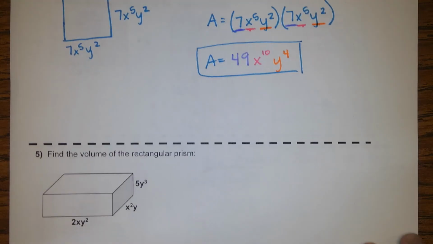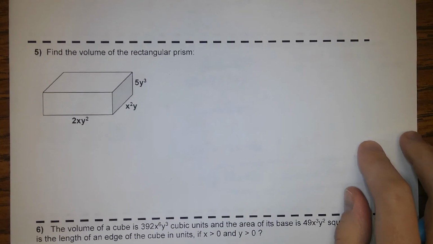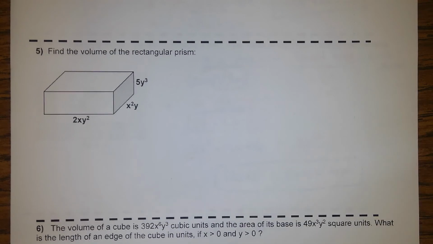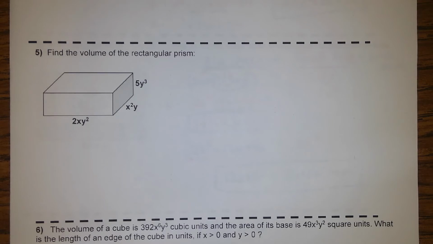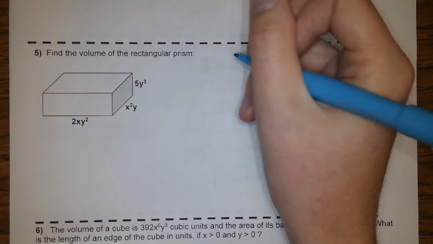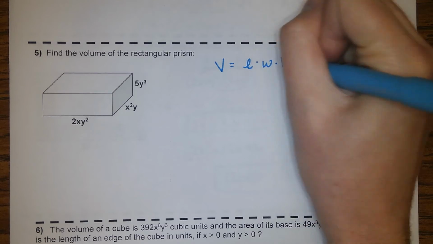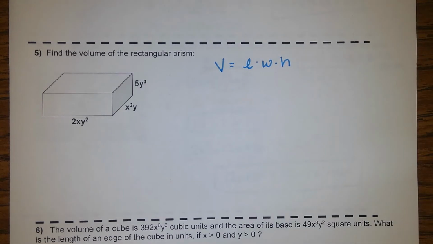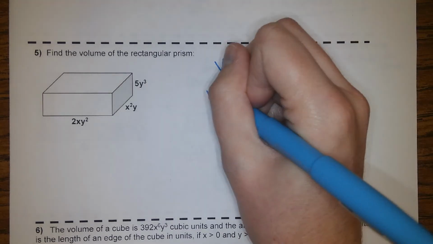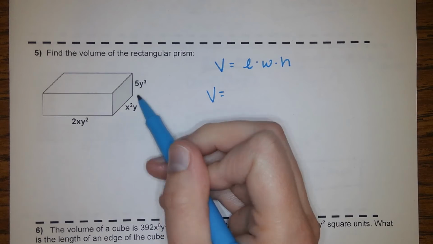All right. Now, number 5, we want to find the volume of this rectangular prism. So what we're going to do is go ahead and take a look at this. We're going to find our volume, and remember, our volume is our length times our width times our height. And so the volume here, we are given our length, our width, and our height.